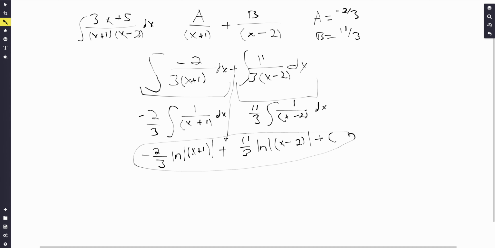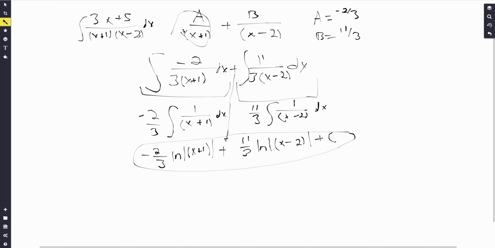And I want to give a quick reminder, or rule, that you guys need to know for PFD. When we have this A over (x + 1), that's a linear factor, (x - a), or (x + 1) in this case. So whenever we write that, we'd simply write it how it is, like right here. That's correct.